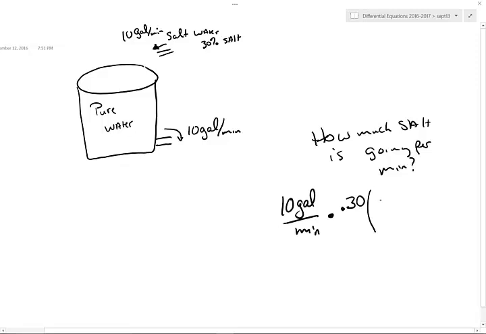Well, I need to get rid of, that is, of salt per gallon. Does that make sense? So we're going to get 3s per minute, or 3s per minute. So 30% of salt. Yeah, 30% of salt. Let's do by volume. So we're doing 3 salts per minute, I guess is what we're going to say. Okay.